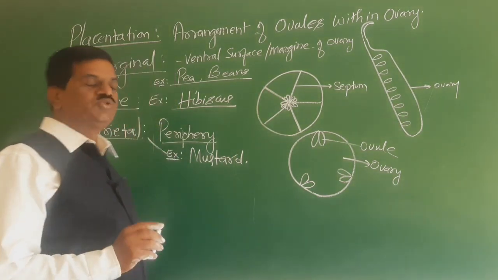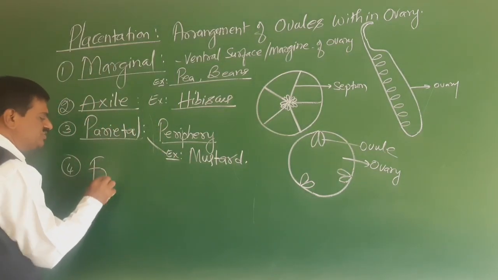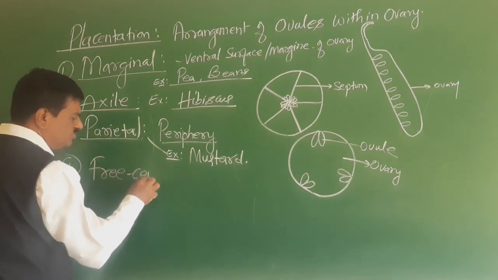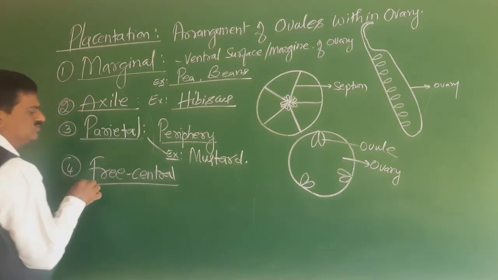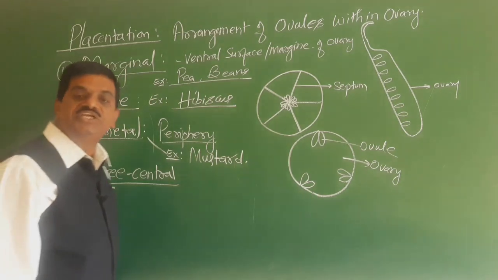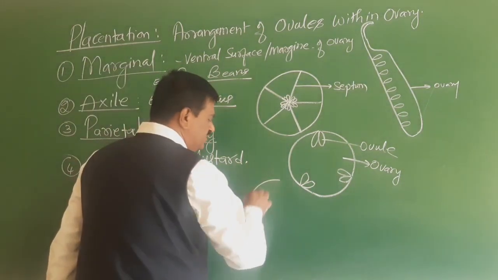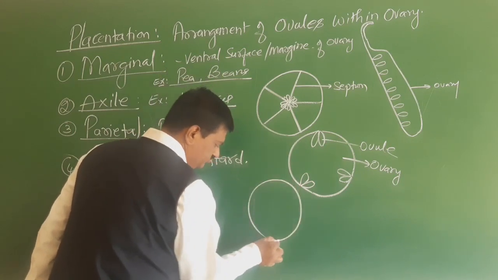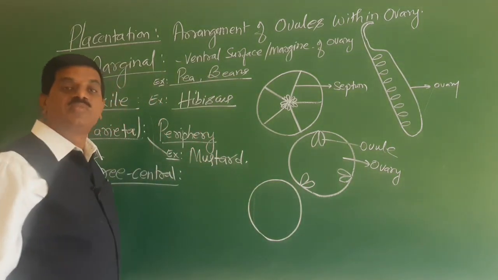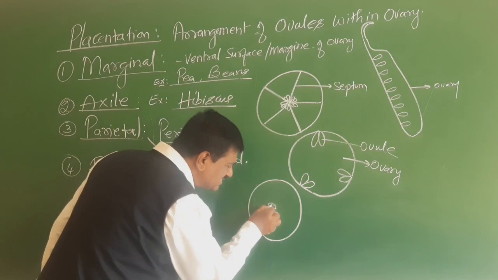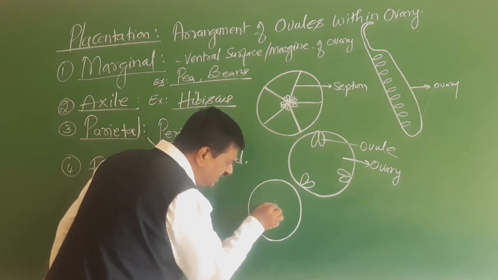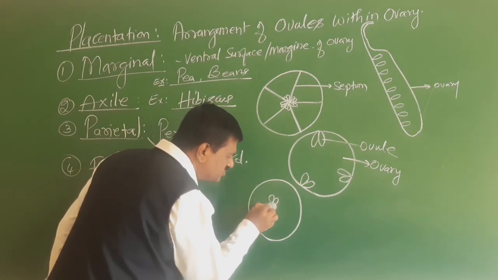Now we go for the next one called free central placentation. So in a free central placentation, you can see there is a presence of ovary. At the central axis, the ovules are present.